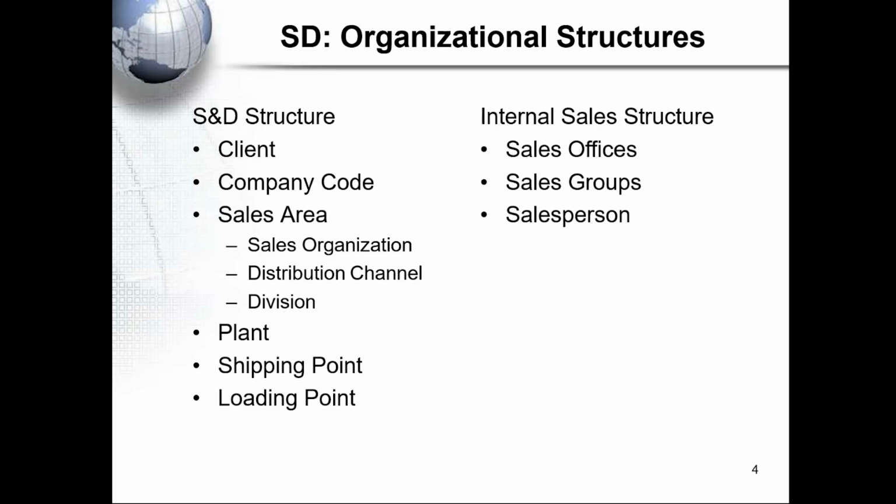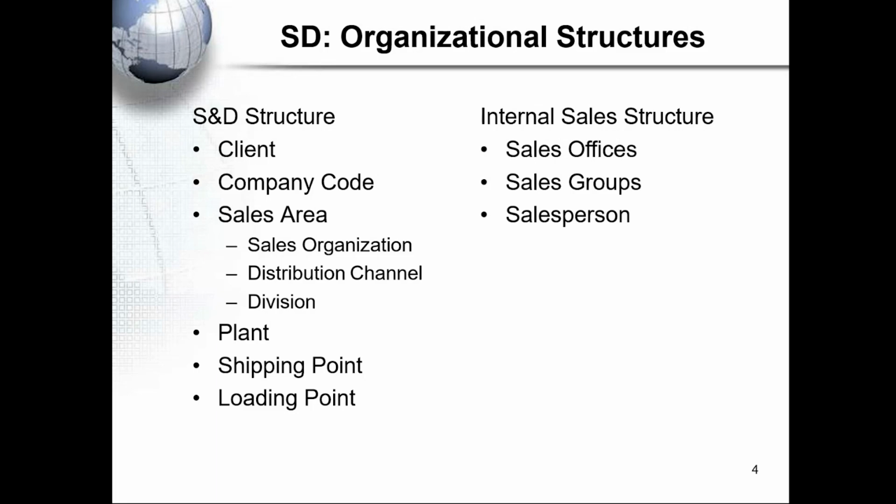It is an organization unit where we have all the sales activities, monitoring all the sales processes. And the sales organization has different distribution channels. The distribution channel concept is very simple: the product reaches the customer's hand by any channel, and that is called a distribution channel, like distributor, dealer, retailer, online.